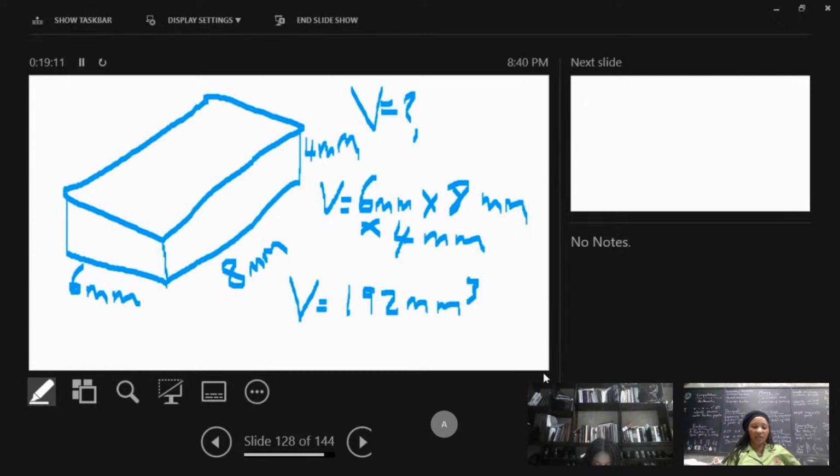So we're just doing some easy stuff tonight. The class won't be long because there's no need to make this more complicated than it is. I'm going to tell you the volume and what kind of figure we're dealing with, and you're going to tell me the length or the width or the height, whichever one I ask you for.